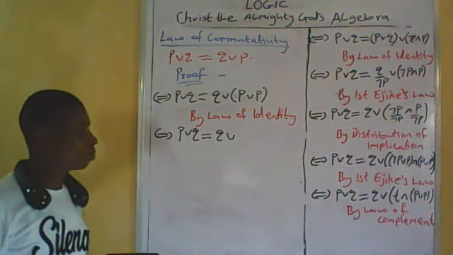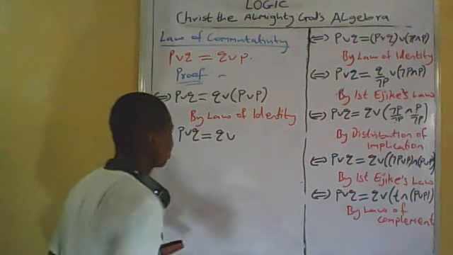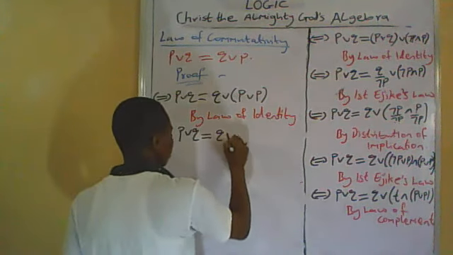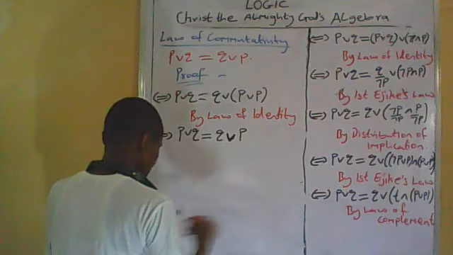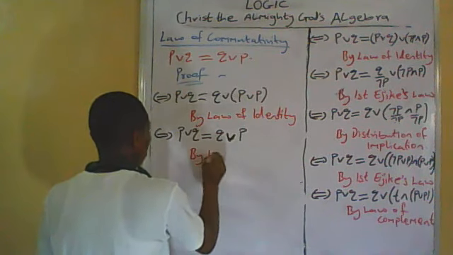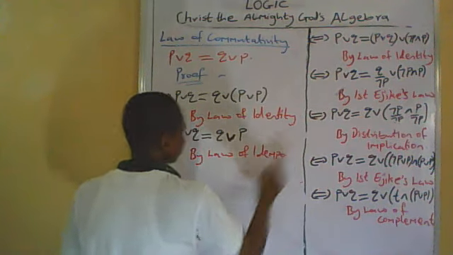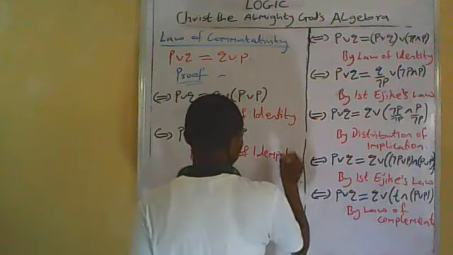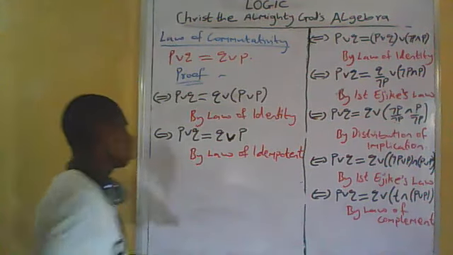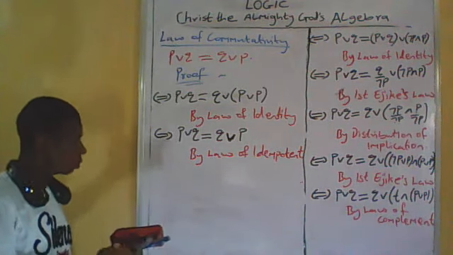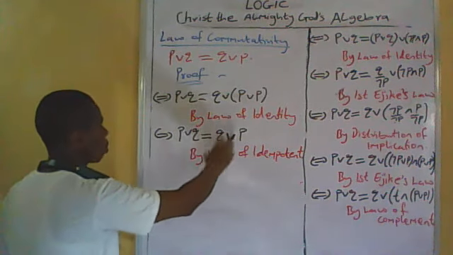Because by law of idempotent, P or P is equal to P. So we say it is P, being justified by law of idempotent. We have now proved P or Q is equal to Q or P.